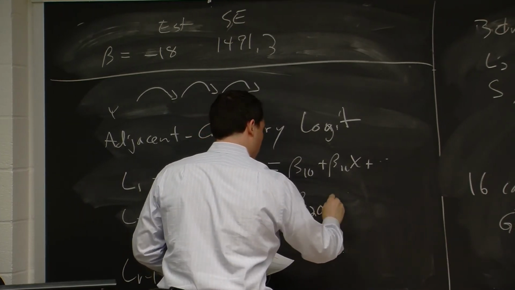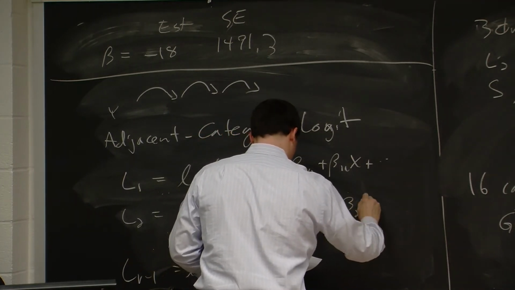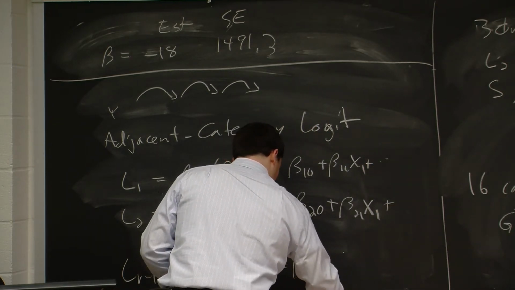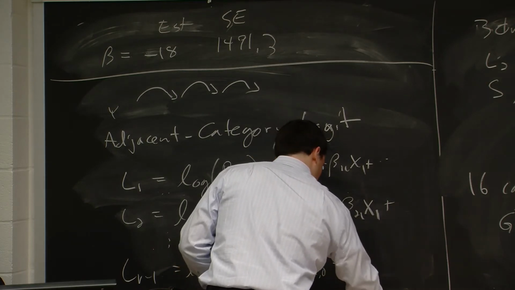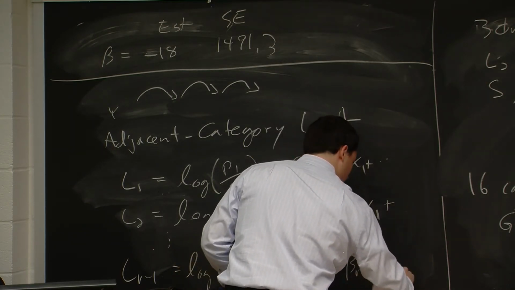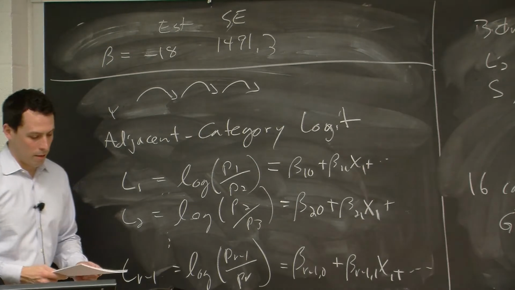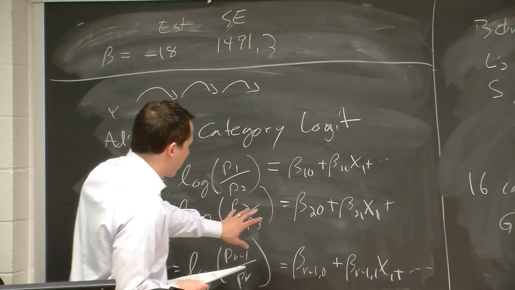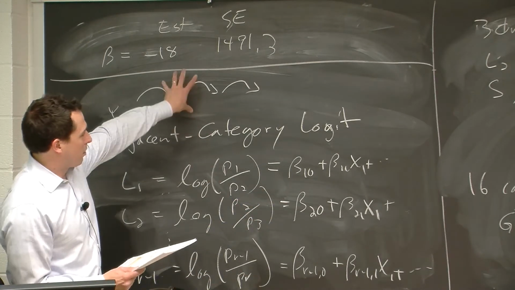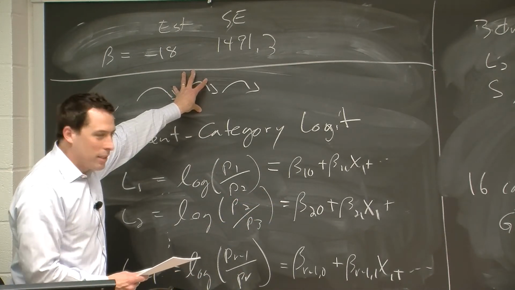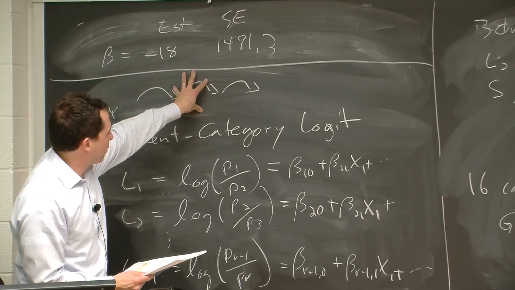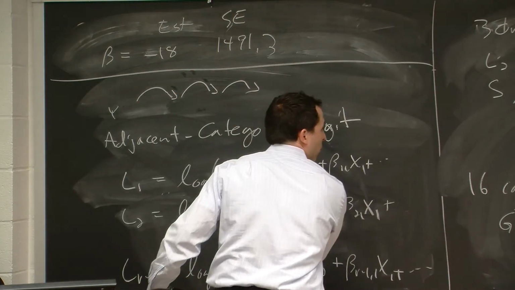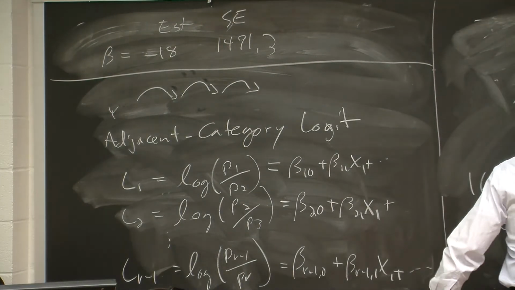Beta 2,0 plus beta 2,1 x1, and so on. Beta R-1,0 plus beta R-1,1 x1, and so on. That's our model. Just as we knew in the contingency table case that once I know all the odds ratios from one point of view, I can get them from the other point of view, these things are just linear transformations of the ones from the baseline category model.